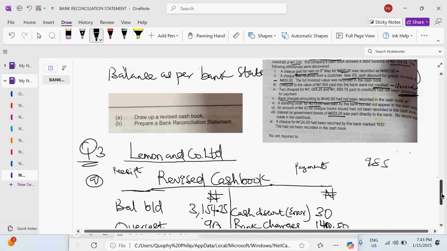Okay. So now a check of 124 had been returned by the bank marked RD. What's the meaning of RD?